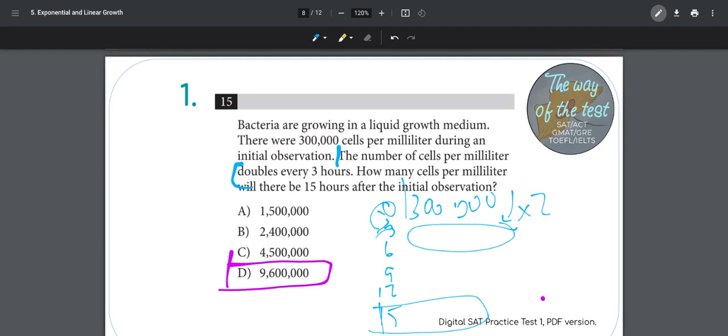Then after 3 more hours, for hour 6, you again multiply times 2, and you multiply times 2 again, and again, step by step with your hand. So you had 600,000, and you get 1,200,000, then 2,400,000, then 4,800,000, and finally 9,600,000, which is the answer.